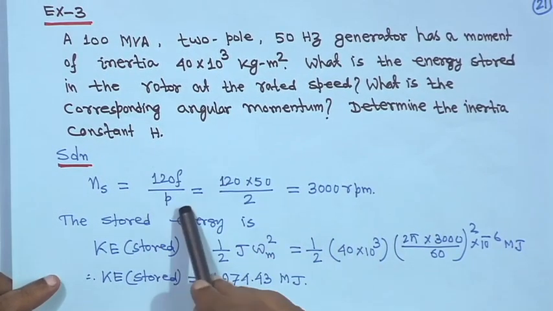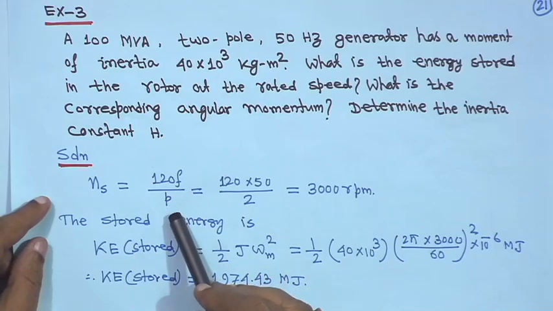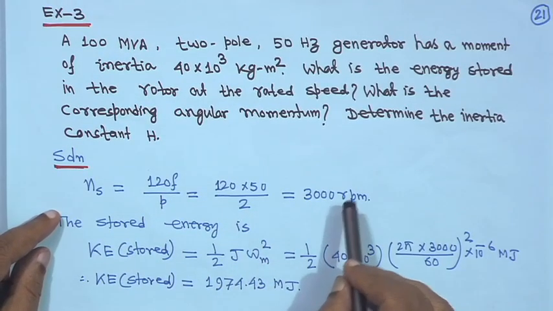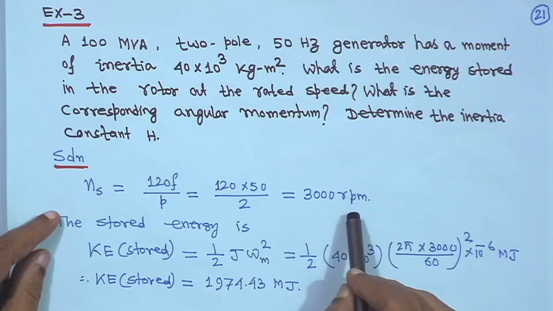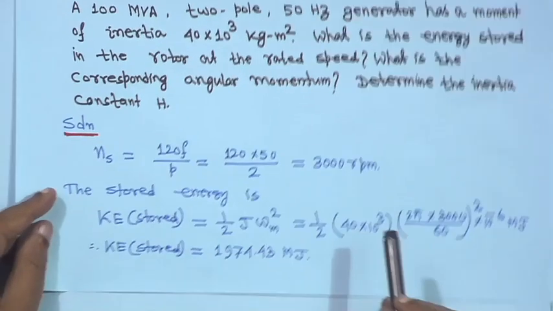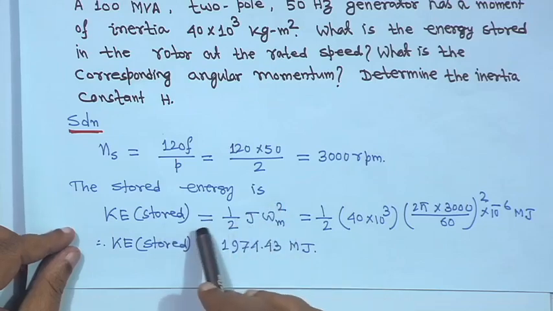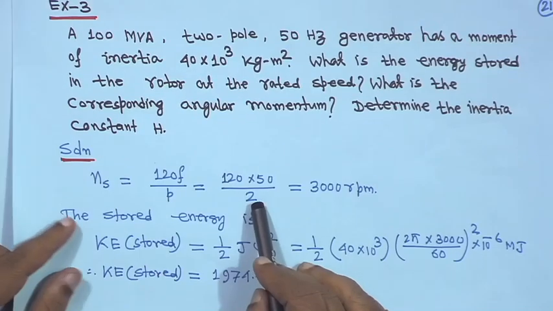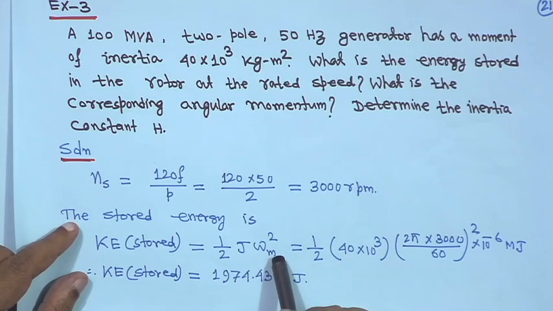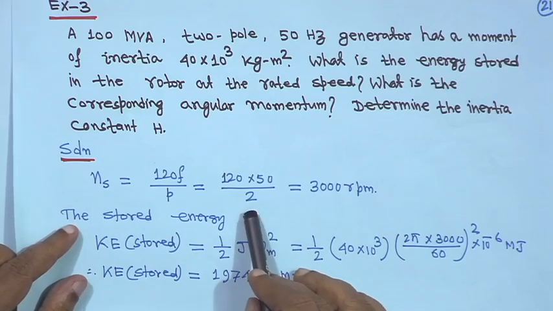Now, synchronous speed Ns is equal to 120 f by P, where P is 2 pole. So, 3000 rpm, that will be 3000 by 60 rps, revolution per second. The stored kinetic energy is half J omega m square. It is a 2 pole machine, so omega m electrical and omega m mechanical, electrical radian and mechanical radian, are both the same.